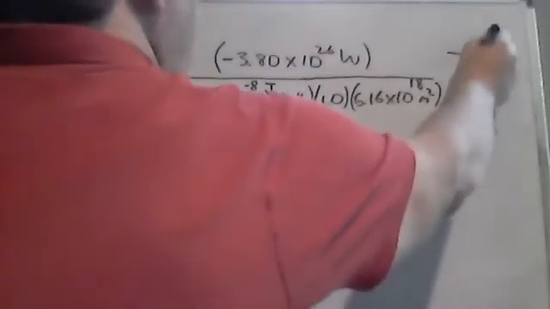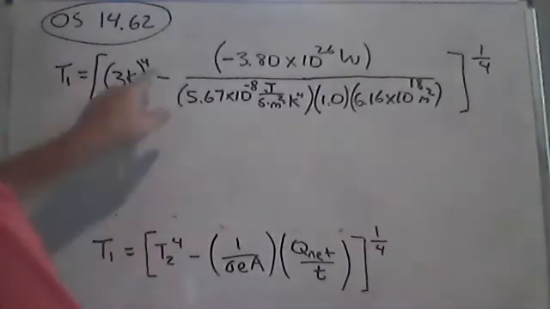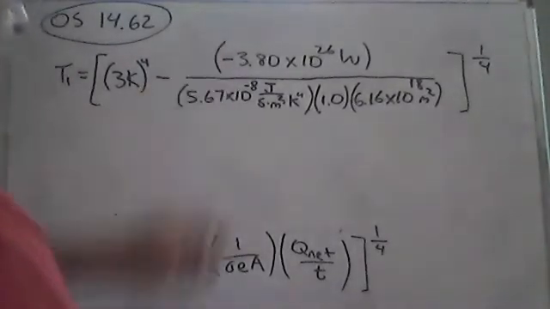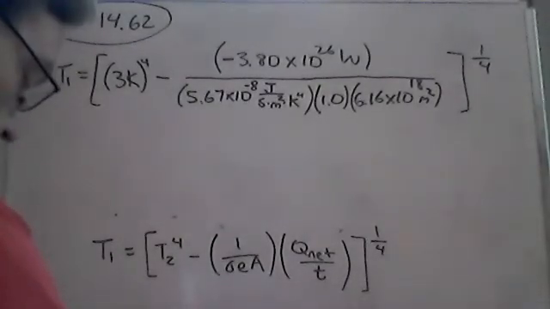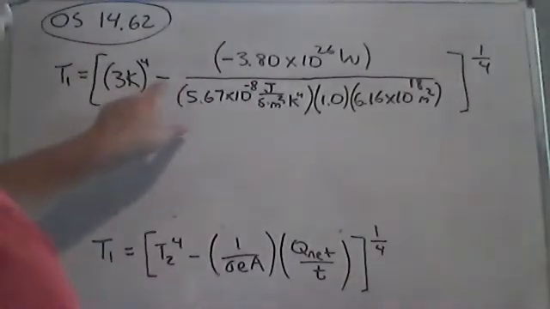And that's all to the 1/4 power. So you want to be careful here in that you have an algebraic minus sign in the formula, but then there's another minus sign from the very fact that the heat is a heat loss. So there's 2 minus signs at play. A minus is going to give you an addition. So it's going to be this plus this. It's going to be negative of a negative.